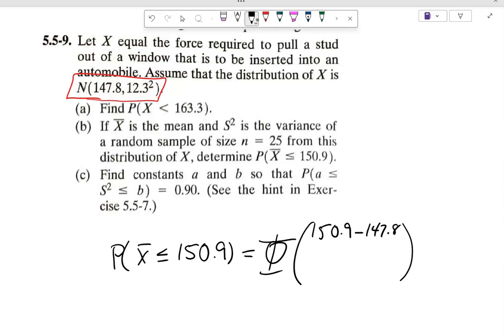Good. Because again, when we do the sample mean, the mean of the sample means doesn't change, right? What do we divide by? Good.